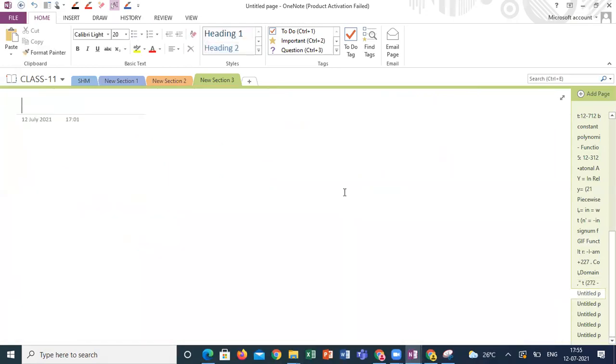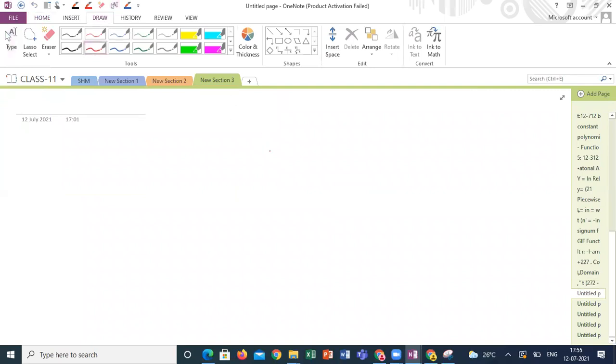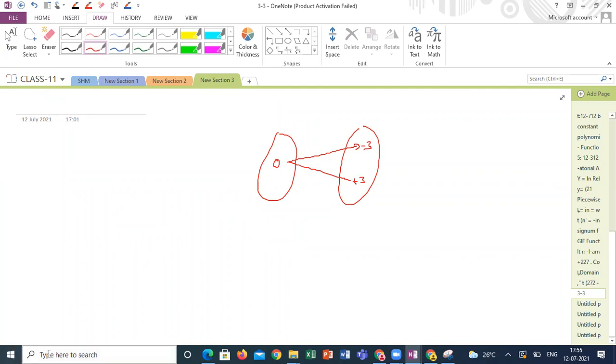See, this is your domain, this is your range set. If I'm taking 0 here, and you are mapping to minus 3, and you are also mapping to plus 3, it's wrong. It will become a relation.